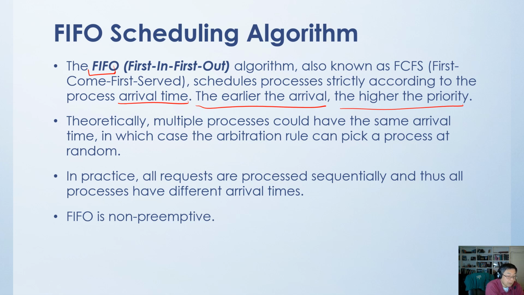Sometimes multiple processes could have the same arrival time. What is the scheduling algorithm going to do? In this case, the arbitration rule can pick a process at random, even though in practice it's unlikely that two processes arrive at exactly the same time. But the arbitration rule applies in such a case.